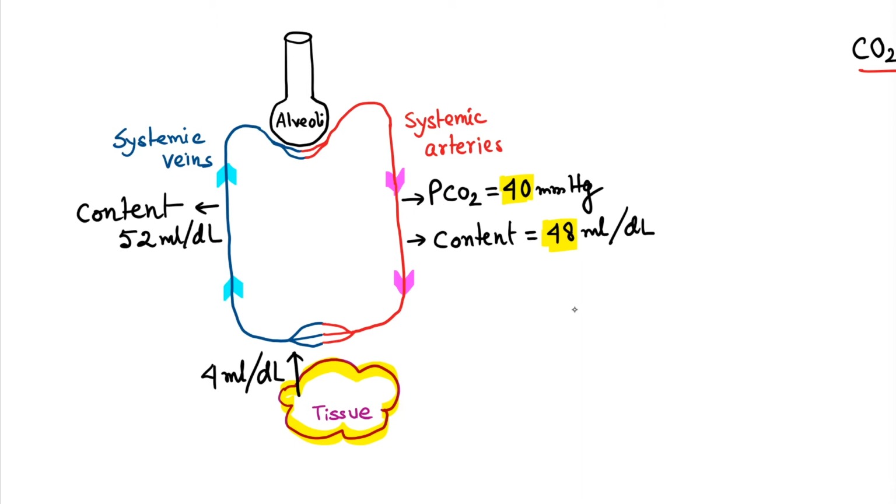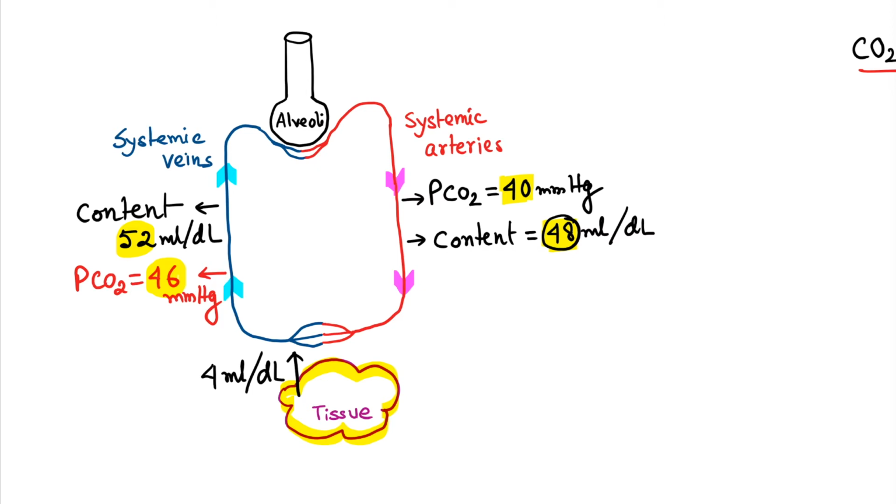Simple addition of 48 plus 4. So this is 52 ml per deciliter. Due to this increase in carbon dioxide content, the partial pressure of carbon dioxide reaches 46 millimeter of mercury. So again I am telling you, don't confuse the content with the partial pressure of carbon dioxide.